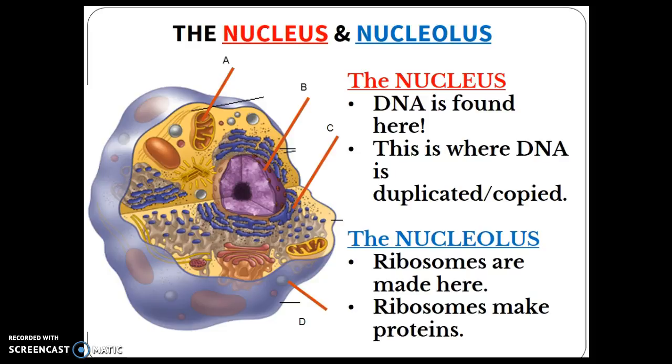Ribosomes are going to create those proteins, so the nucleolus has the ribosome creation, and those ribosomes are going to make proteins. That nucleolus is out here. So, pick A, B, C, or D. Which one is the nucleus?